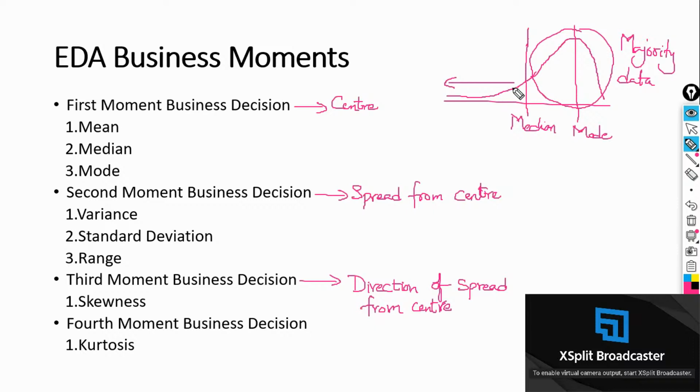In the same way, towards the left side there is a tail, and the spread is more towards the left side, right? So that measure, the direction of spread from the center, is nothing but skewness. Towards which side of your data from the center you have the long tail. It talks about the direction of spread from the center, right?